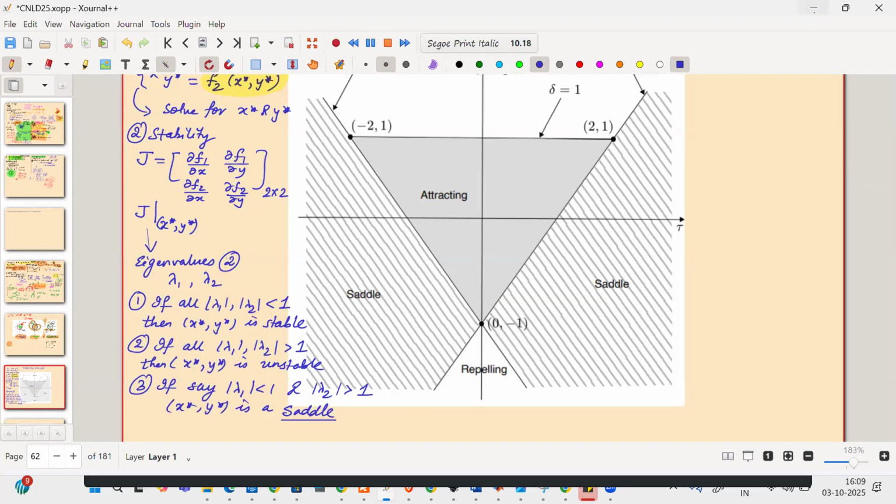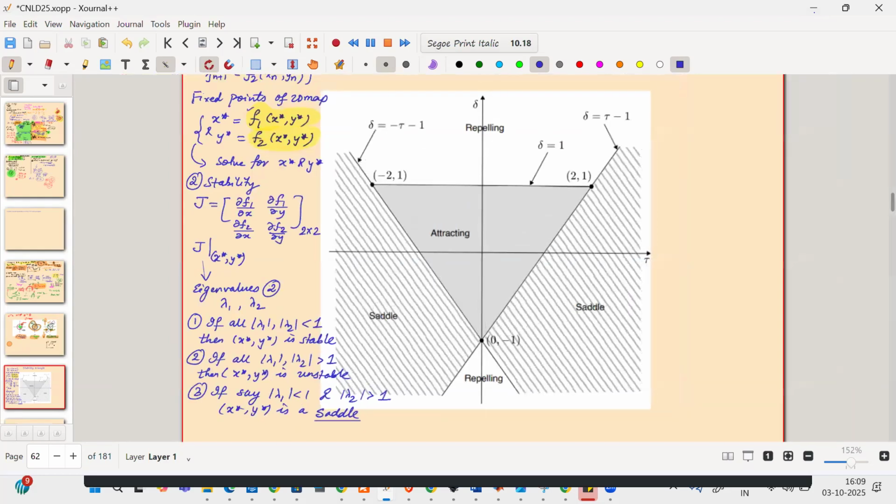Now remember, let us go to the next part. Now that you have got the Jacobian matrix, which is a 2 by 2 matrix, this Jacobian matrix will have the trace. What is trace? Trace is the sum of diagonals, but how can you connect it to eigenvalues? This is one of the important properties: the trace is the sum of the eigenvalues lambda 1 and lambda 2.